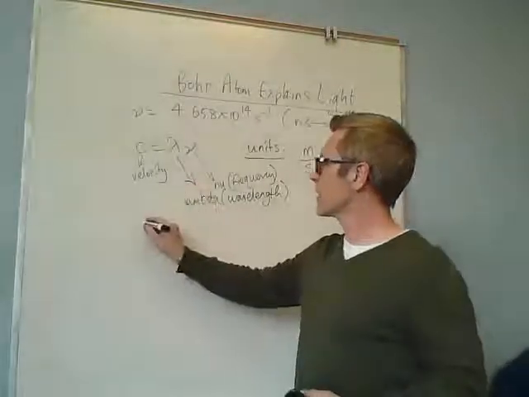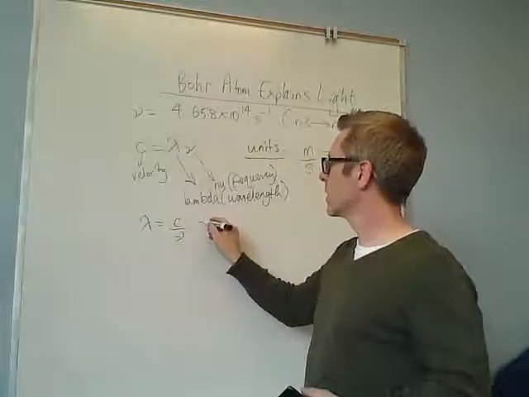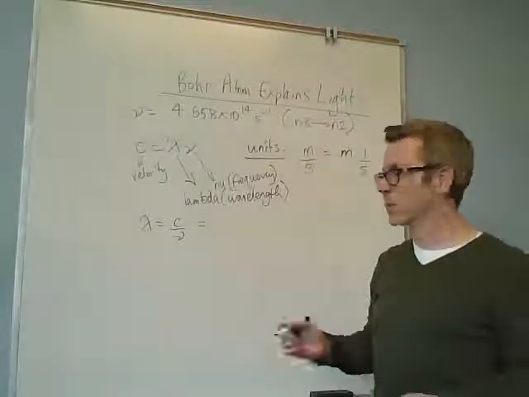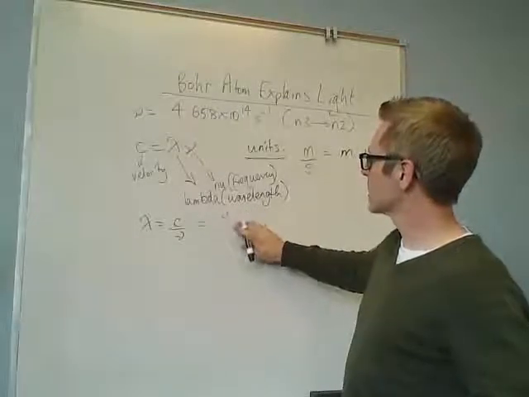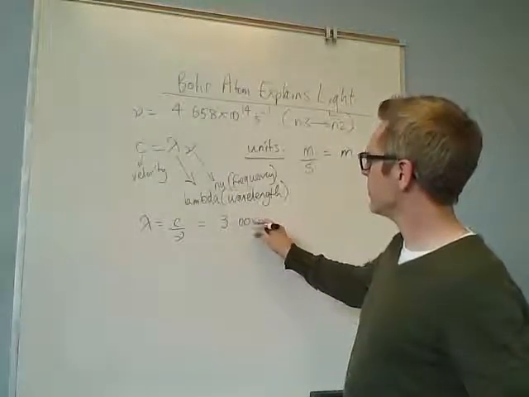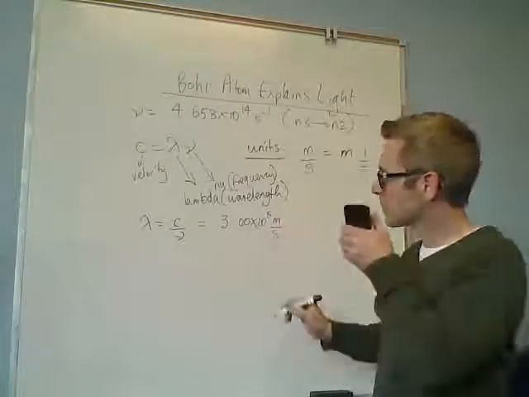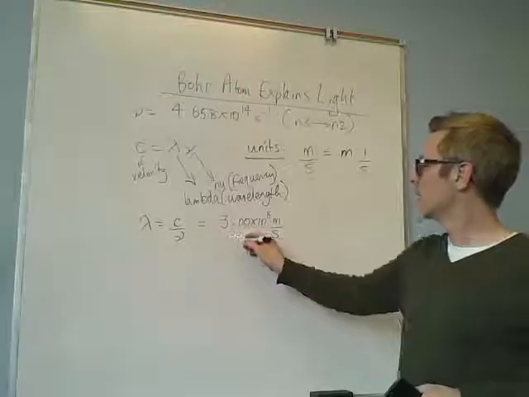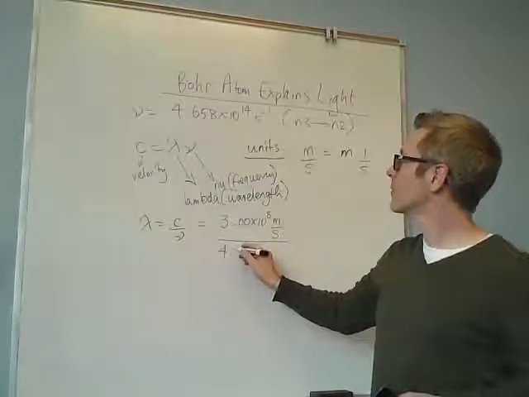So let's solve for wavelength. Wavelength is C over nu. The speed of light will be given to you in my class. So it's 3, let's give a couple of decimals, by 10 to the 8 meter per second, divided by the frequency, which we calculated earlier.